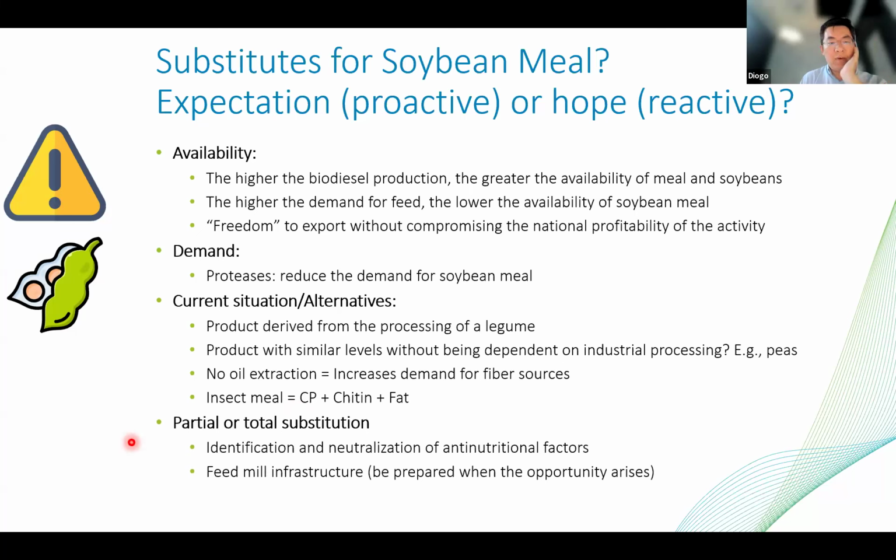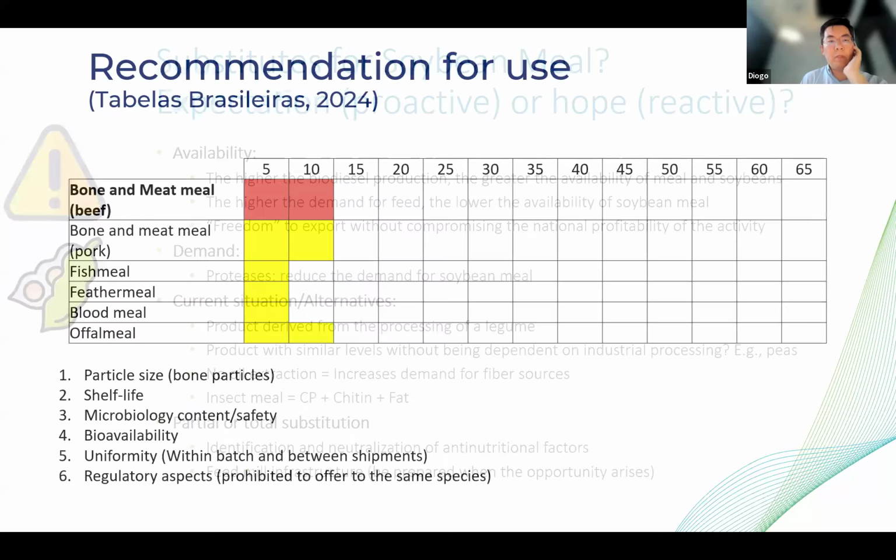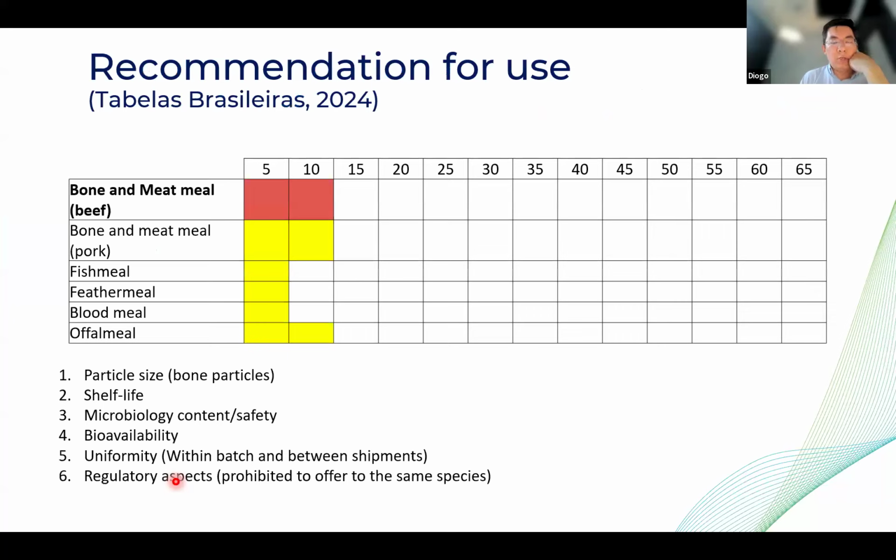It's possible to have a partial or total substitution, as long as we are aware of the anti-nutritional factors and the feed mill has the structure to use these new ingredients. Let's look at the phosphorus sources or animal byproducts.